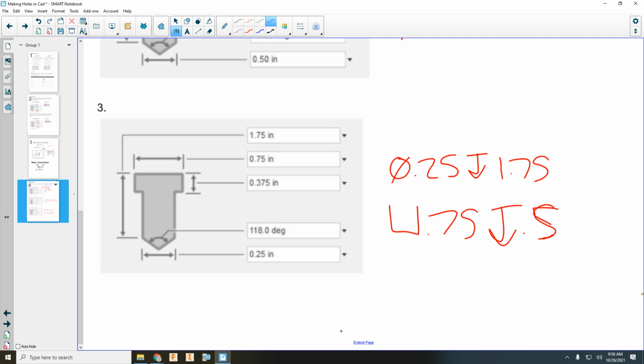Your counterbore depth we have as 0.375. So this should be 0.375. And one other little mistake. What else is he missing? Yeah, the diameter symbol. We're missing the diameter symbol here.